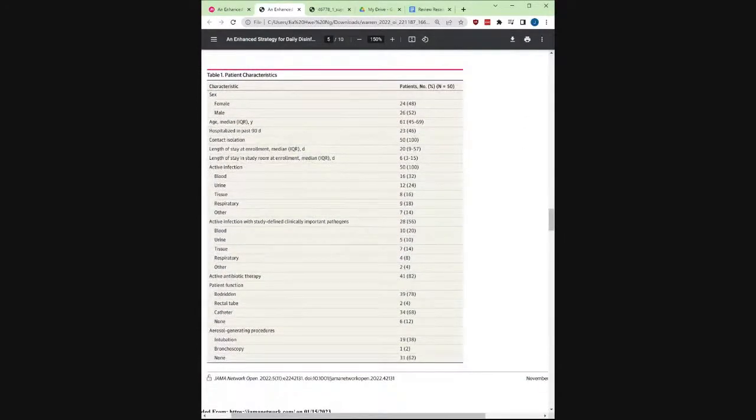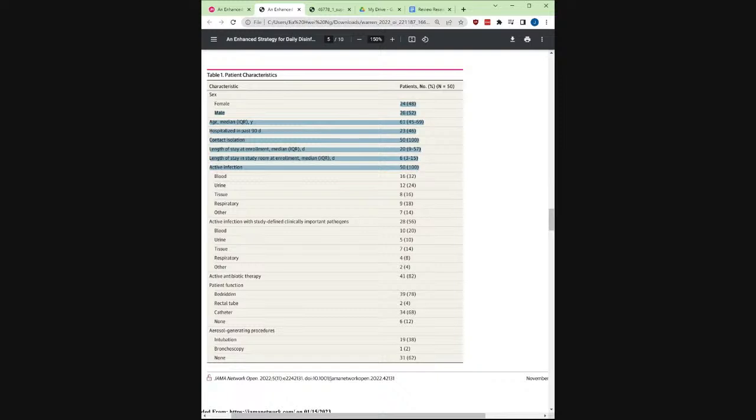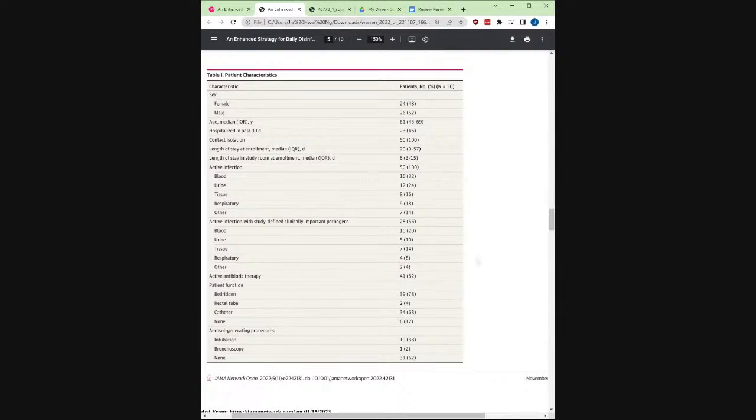Okay, now let's look at the patient characteristics. Here, we want to see a quick scroll. Seems like a reasonable patient population, but I remember somewhere we talked about the patients being bedridden here. 78% bedridden, 68% needed a catheter, 4% needed a rectal tube, and 12 had nothing.